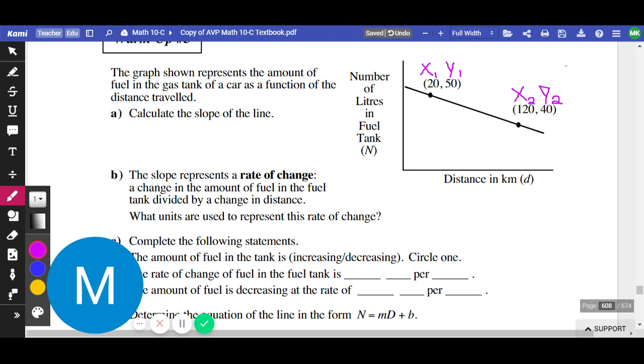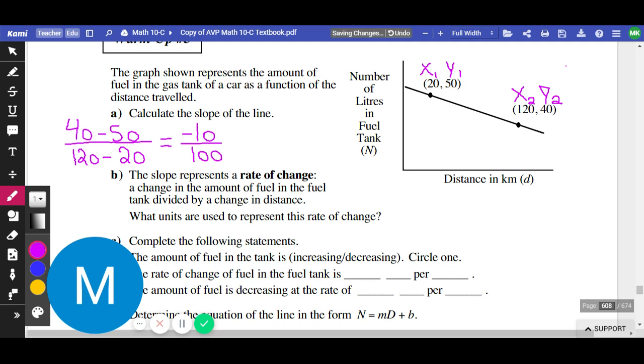We go to calculate that. y2 is 40 minus y1 is 50, divided by x2 is 120 minus x1 is 20. That means my slope on the top is negative 10 divided by 100.